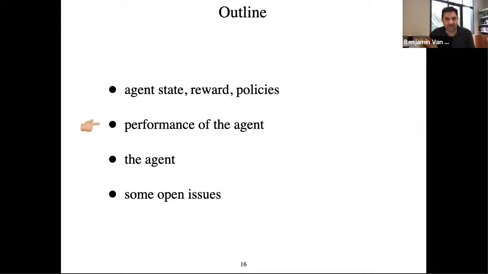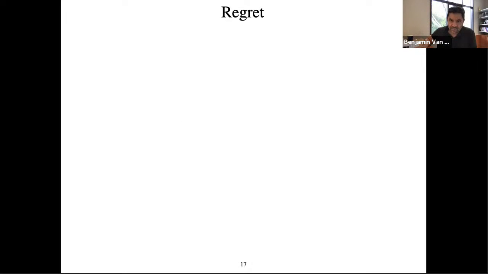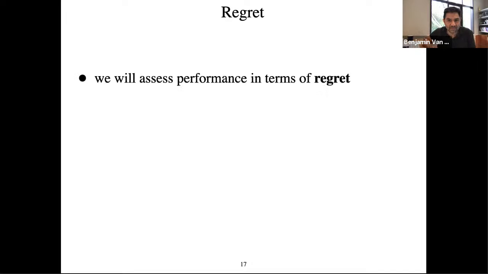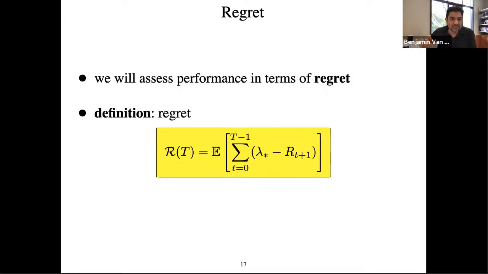Let me talk a bit now about how the agent performs. Note that I haven't told you what's inside the black box yet. Right now, I'm just telling you performance guarantees about that black box. We'll assess performance in terms of regret. I'm going to define regret here as the expected sum of differences between the optimal average reward and the realized reward.